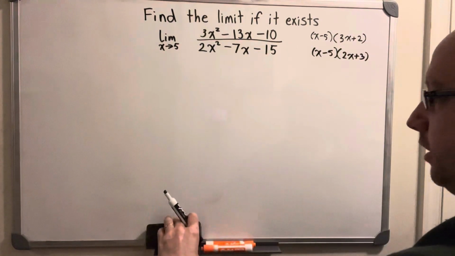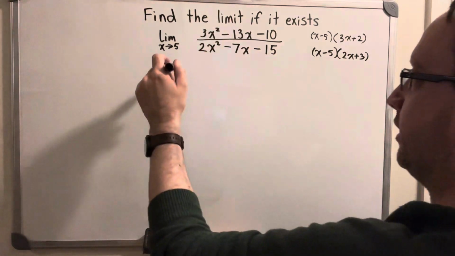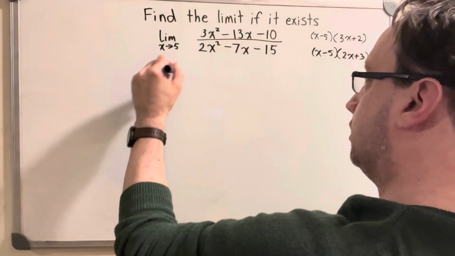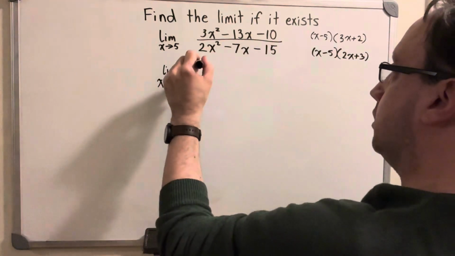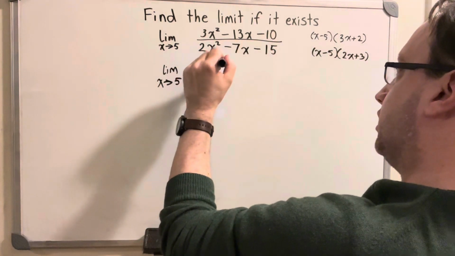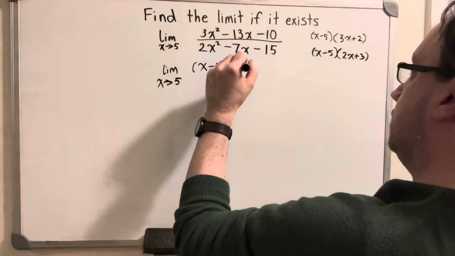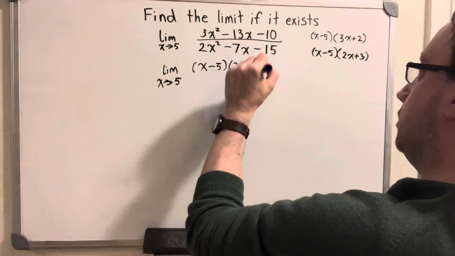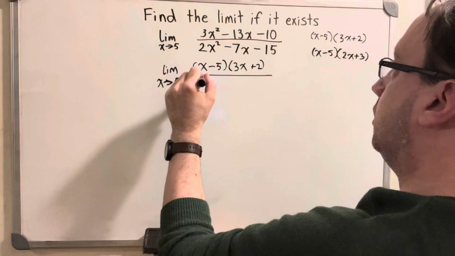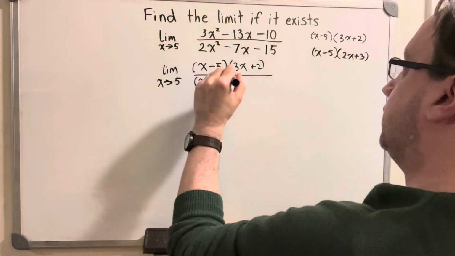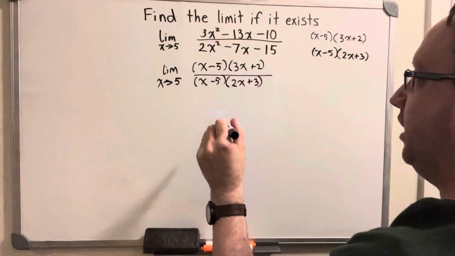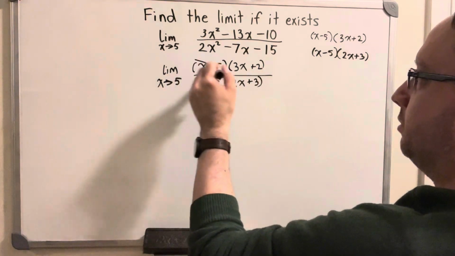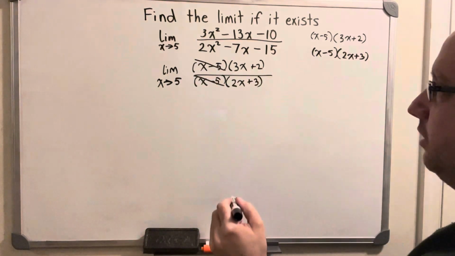So we can write this whole thing as the limit as x approaches 5 of x minus 5 times 3x plus 2 over x minus 5 times 2x plus 3. And these troublesome x minus 5s get canceled out.